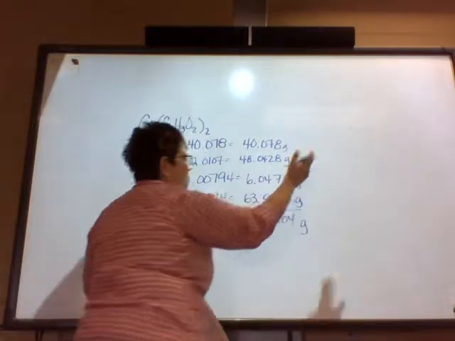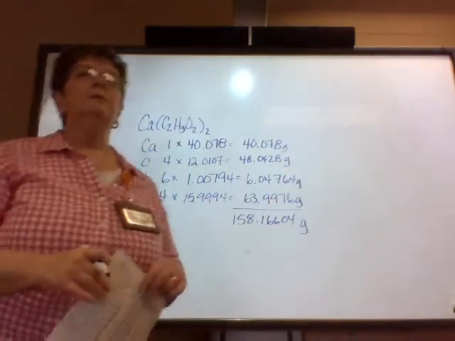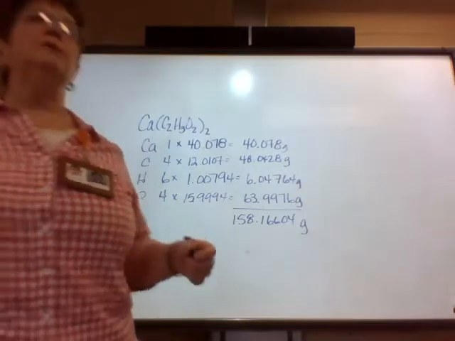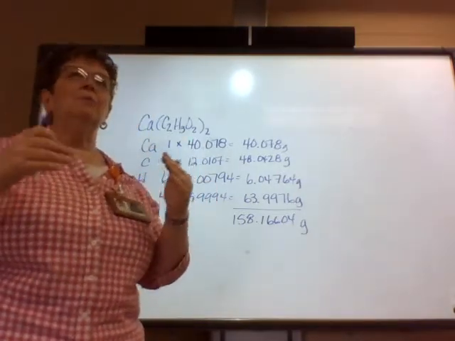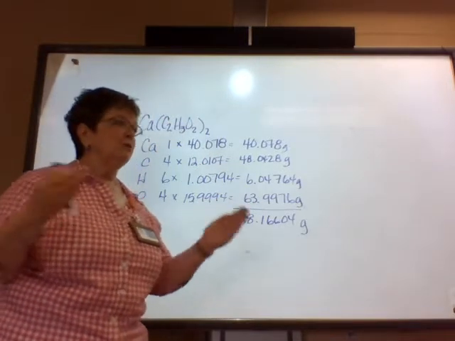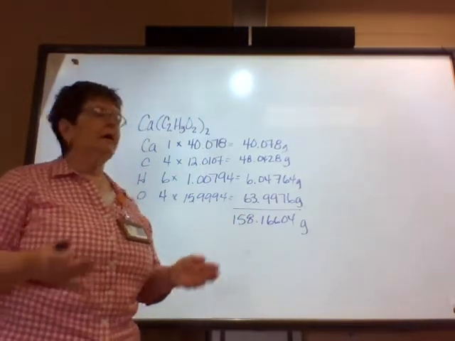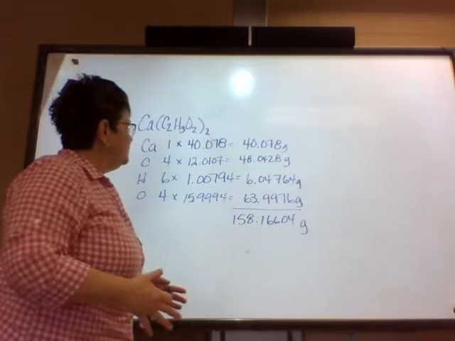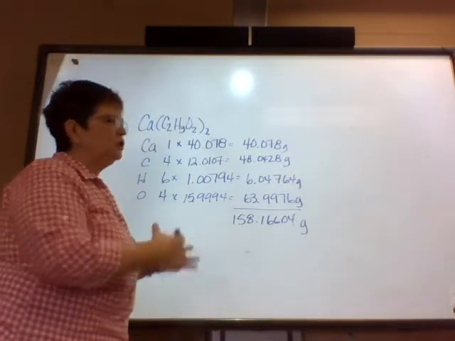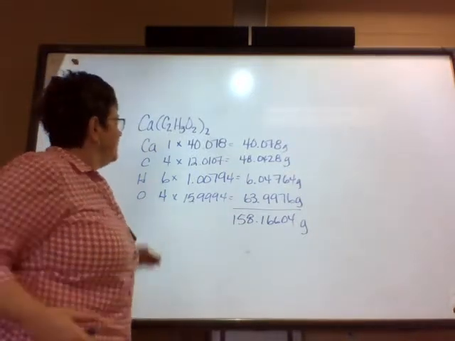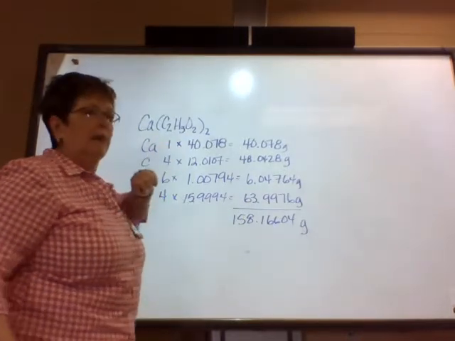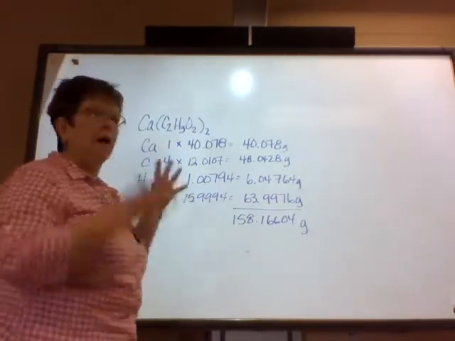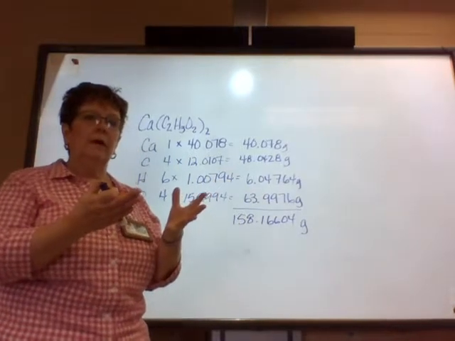Now, do you understand that in everything, we want to know the percentage composition? What does that mean? It's like saying, when you take a test, don't you want to know your percent? The same thing scientists want to know here is the percentage composition of everything. How much of this compound in mass is calcium? How much of it is carbon by mass?